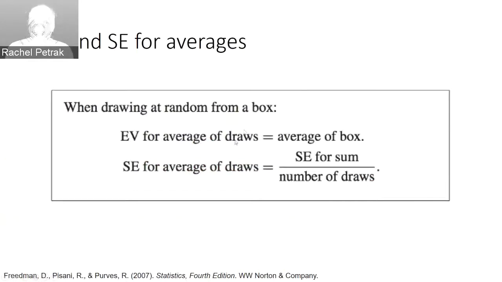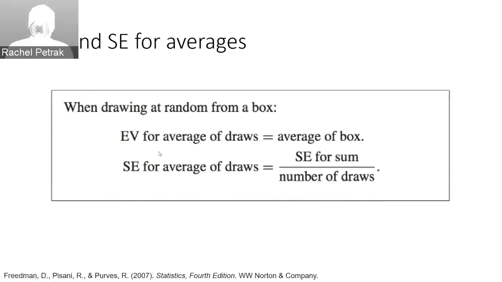When you're drawing at random from a box, remember this only applies to a simple random sample. The expected value for the average of draws is just the average of the box. But the standard error for the average of the draws is the standard error for the sum divided by the number of draws.